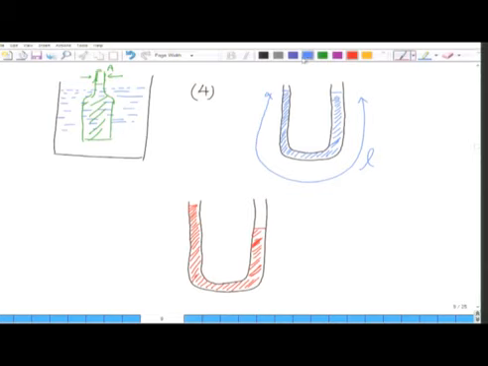So, this was the initial equilibrium position. So, it goes up by, say, amount y, and therefore, it comes down by an amount y. So, that the total height out here is 2y.